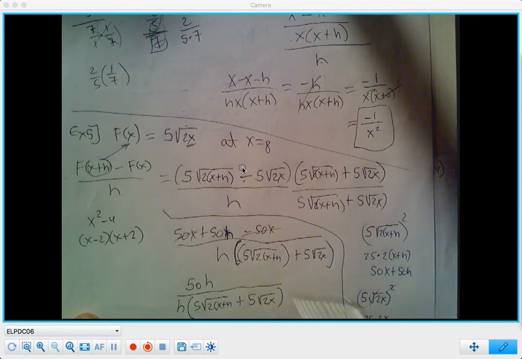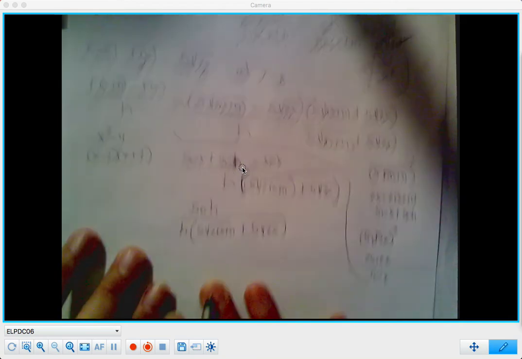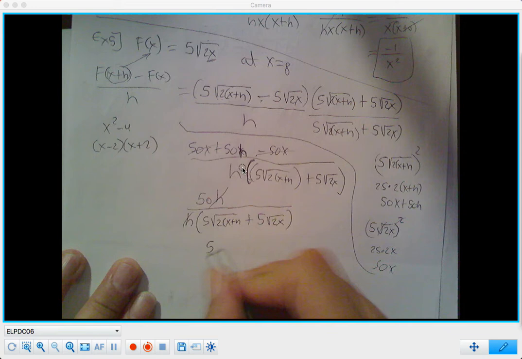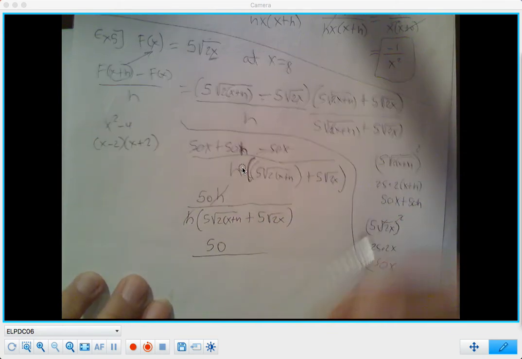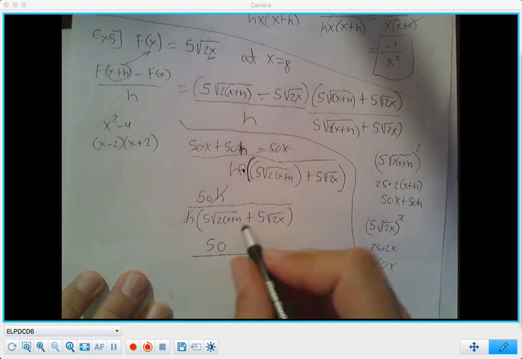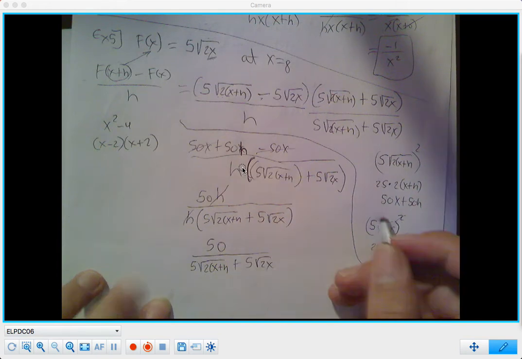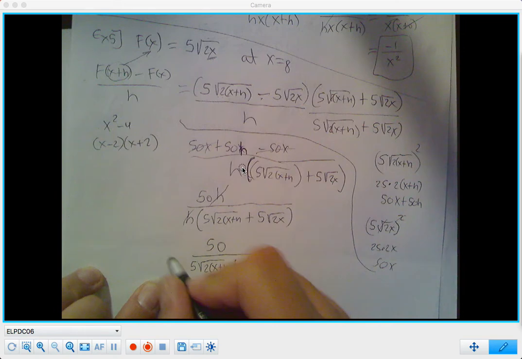Okay? Remember our goal is to cancel this out, so we're good. So now you have 50, and then we just copy the whole thing. So 5 square root of 2 times x plus h plus 5 square root of 2x. So this would actually be the derivative.